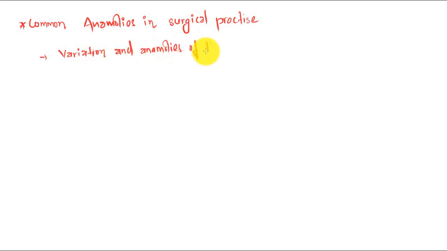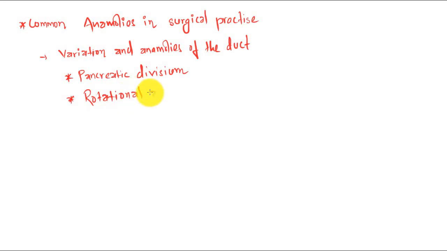So let's talk about the common anomalies and surgical practice. The most important is variation and anomalies of the duct. It can be pancreatic division or any other rotational anomalies.